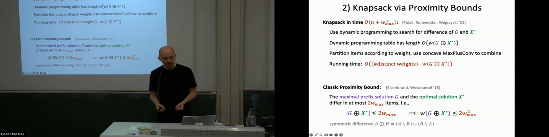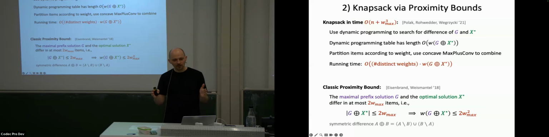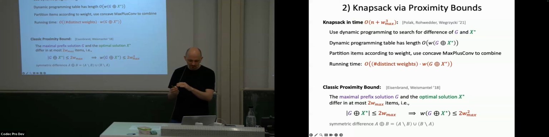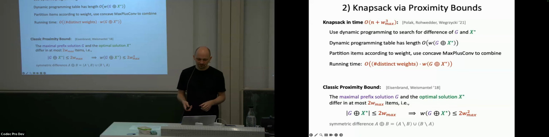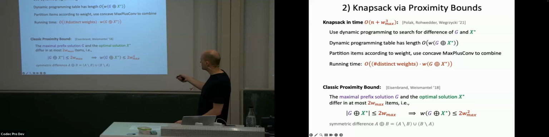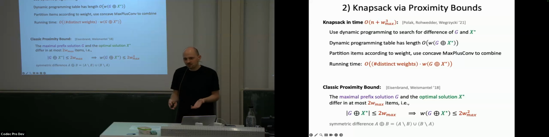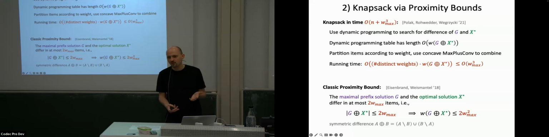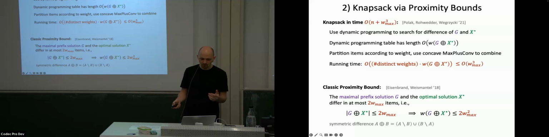And the running time that we get is, well, we have the number of distinct weights many weight groups. Inside every group, we have to fill a DP table whose bound is dependent on the total weight difference of G and X star. We have bounds on these two, right? The weight difference is at most W max squared. The number of distinct weights certainly is at most W max. We get W max cubed. That's their algorithm. That's the Polak et al. algorithm.